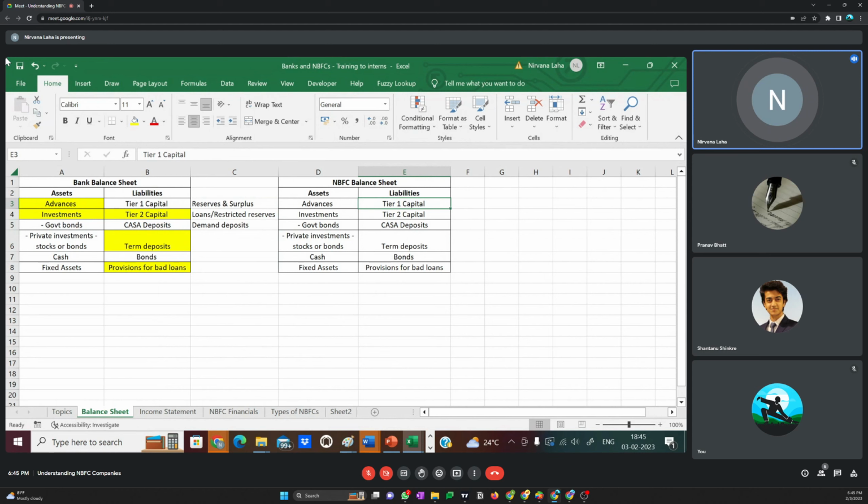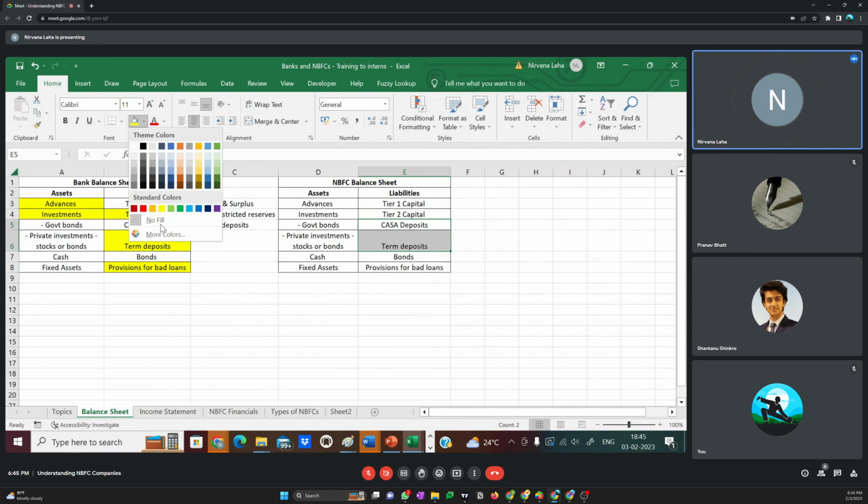Banks can take your and my money as deposits. NBFCs cannot. Banks can have checks deposited onto them, they can issue checks, etc. NBFCs cannot. So that is the single biggest difference between a bank and an NBFC, that an NBFC does not have access to these two items.